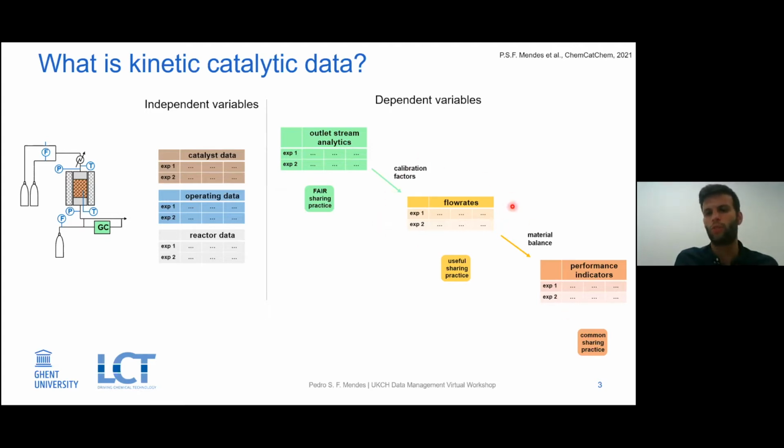It's already useful if people share flow rates, but of course the raw data is really the analytical data. So that's really what is a fair sharing practice for kinetic catalytic data.